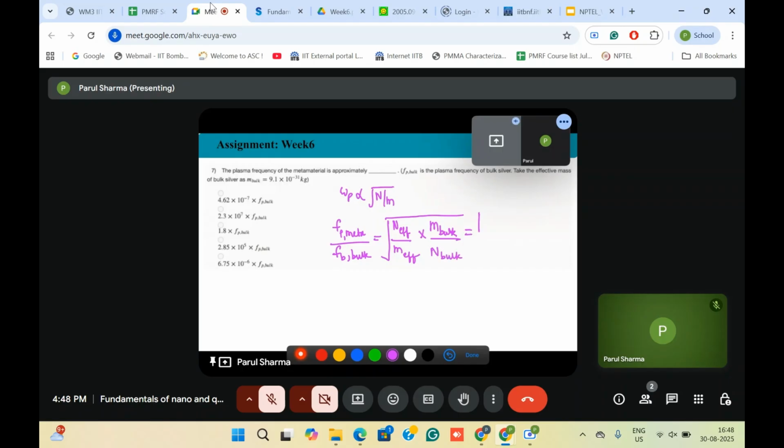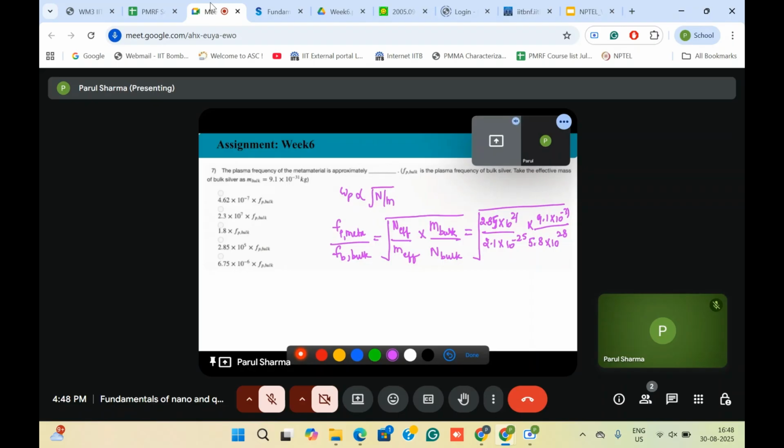So we will substitute the values: 2.85 into 10 raised to power 21 upon 2.1 into 10 raised to power minus 25, m bulk is the free electron mass 9.1 into 10 raised to power minus 31, and n bulk is 5.8 into 10 raised to power 28.